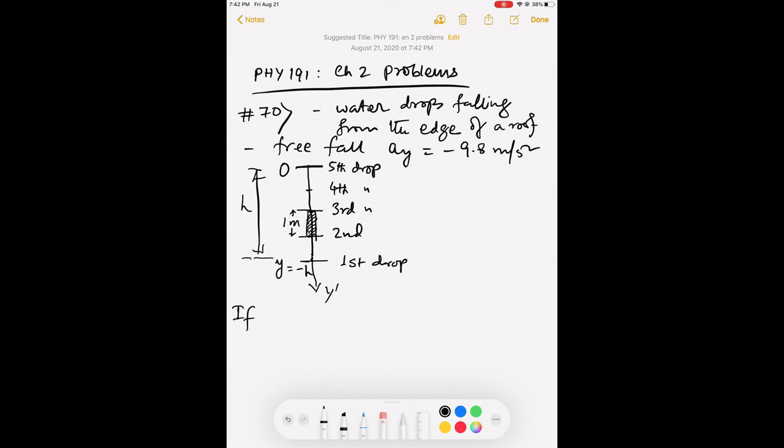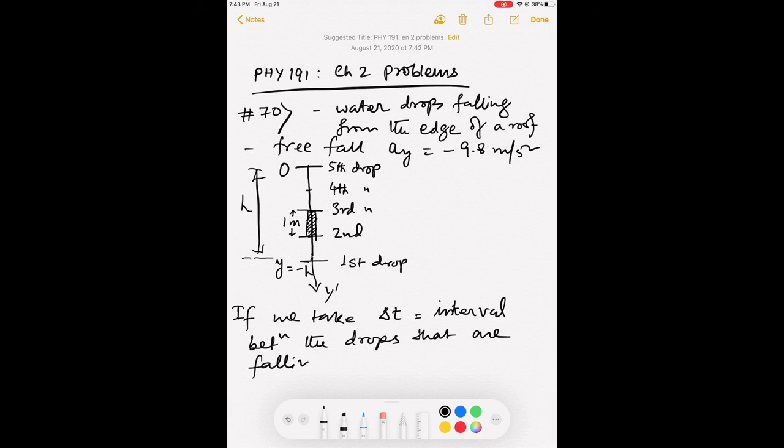If we take delta t to be the time interval between the drops falling from the edge, then we can say this is time equals 0.